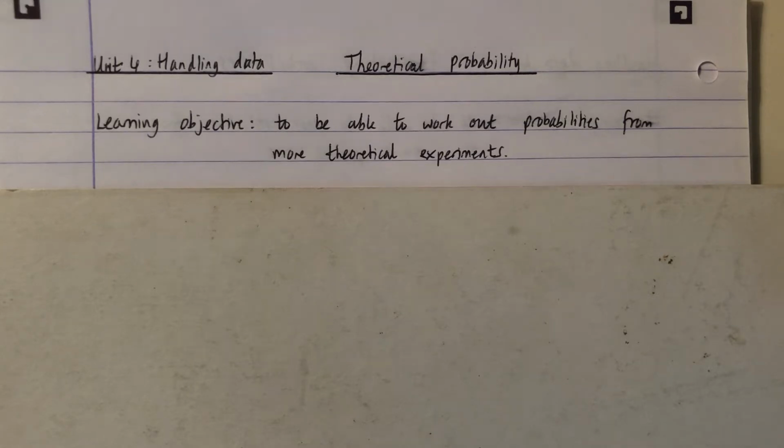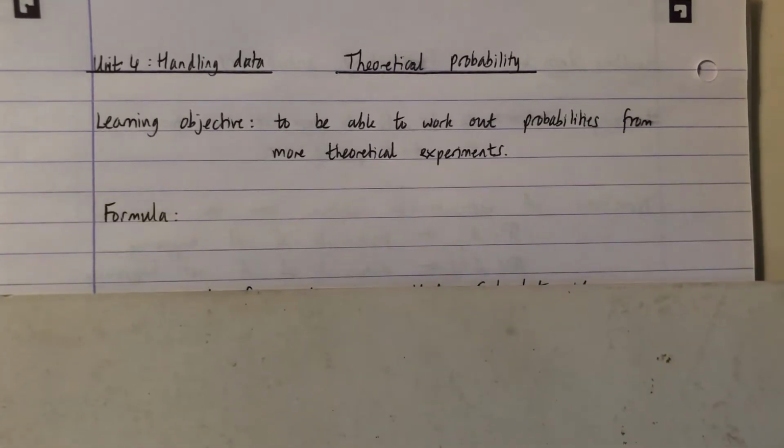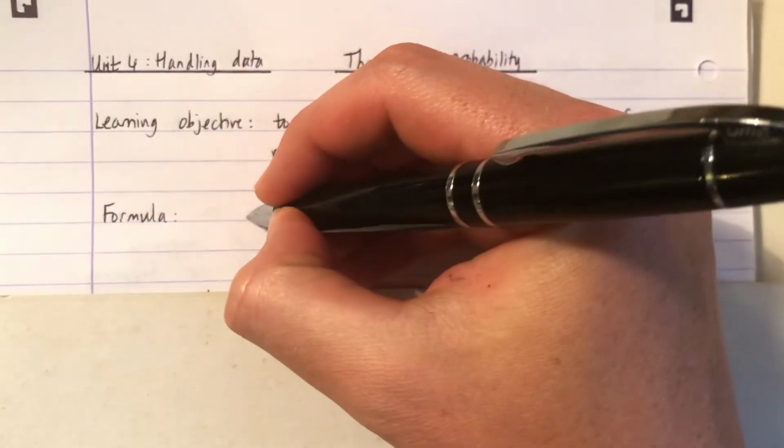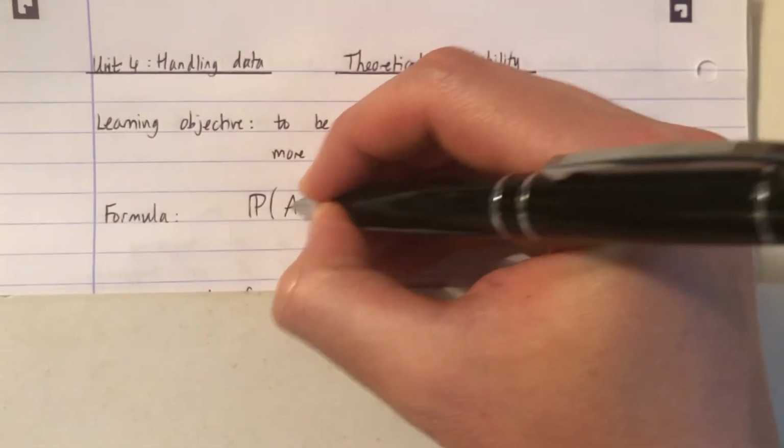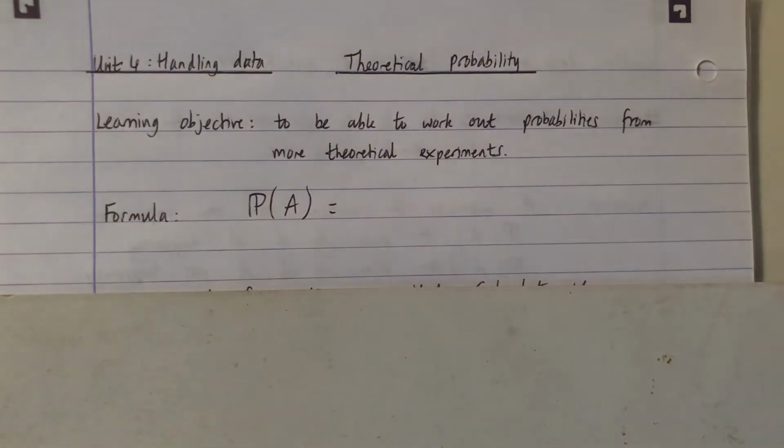experiment. But the one thing which does carry over is a formula which still works, which is the probability of something happening. If you remember from previous lesson, for an experiment it was the number of successes over the number of trials.